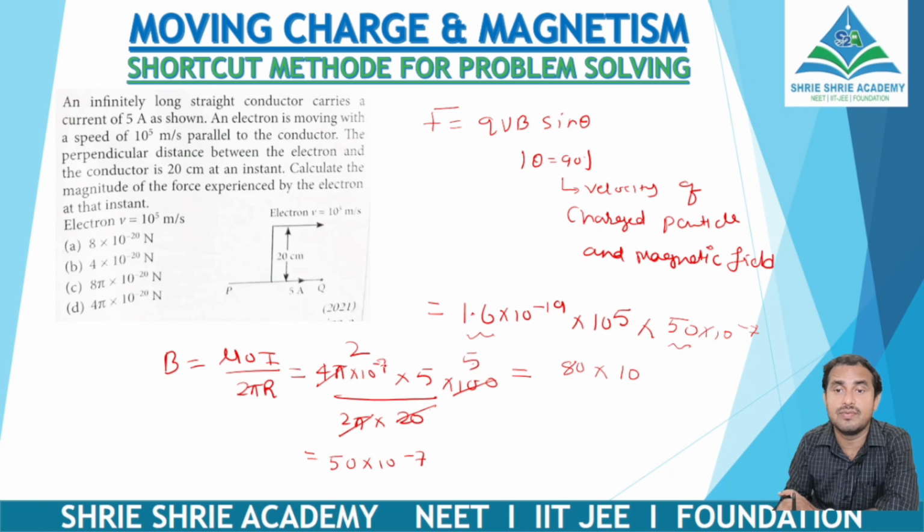So in total the powers give minus 26 plus 5, that is minus 21, and finally we are left with 80 into 10 to the power minus 21 Newton. But in the options given it is 8, so you write 8 into 10 to the power minus 20 Newton.